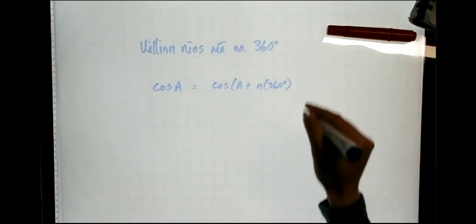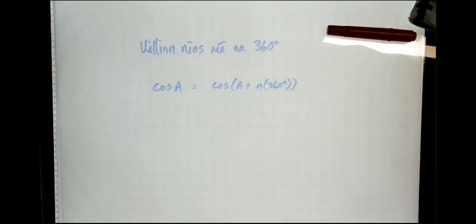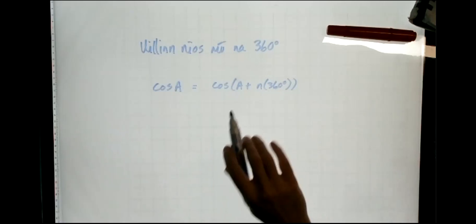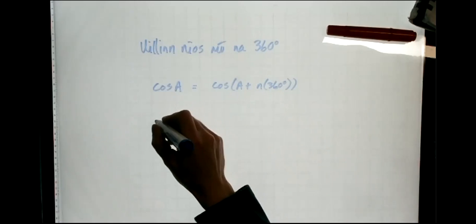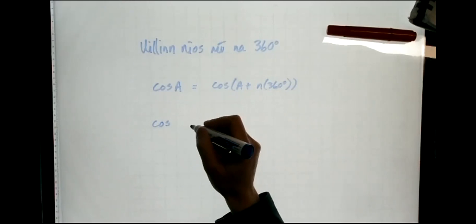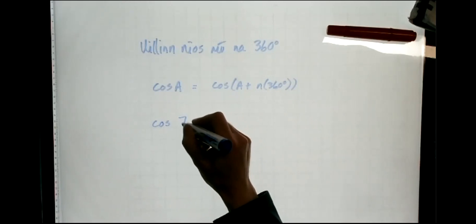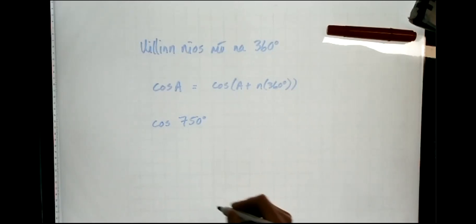So reaching a screw n 360 means full rotation. For my example, cos of 750 degrees.